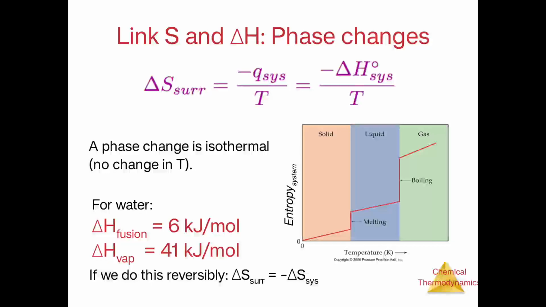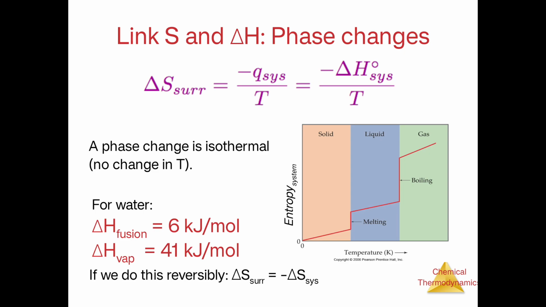For melting, we account it as the change in enthalpy of fusion, which is 6 kilojoule per mole. And for boiling, it will be accounted as the change in enthalpy of vaporization, which is 41 kilojoule per mole.